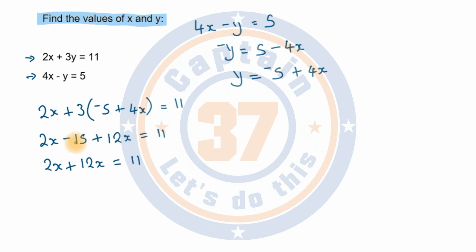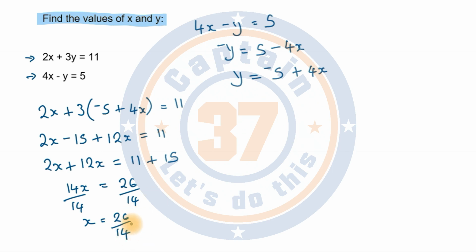So negative 15 goes on this side, it's going to become positive 15. 2x plus 12x is 14x, equal to 11 plus 15. 11 plus 15 is 26. We divide this by 14 and also this side by 14. So we have x is equal to 26 over 14.